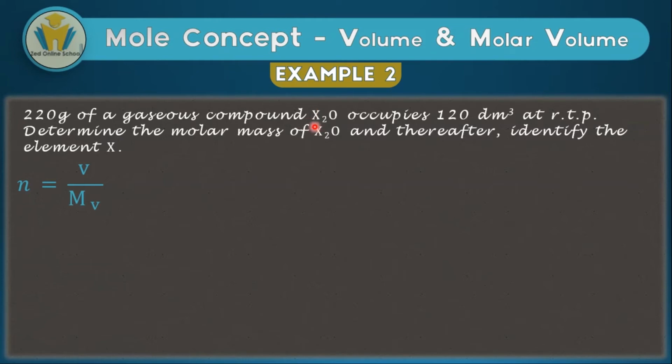When we notice this, it is an indicator that we won't be using the first formula right from the start. We have more information about volume and molar volume than about the masses. Therefore, we are going to use this formula, which we identified in step 1. Step 2 is looking at the question to see if we have any data that we can use. Obviously, there's the 120 and the RTP, which indicates our molar volume is 24.